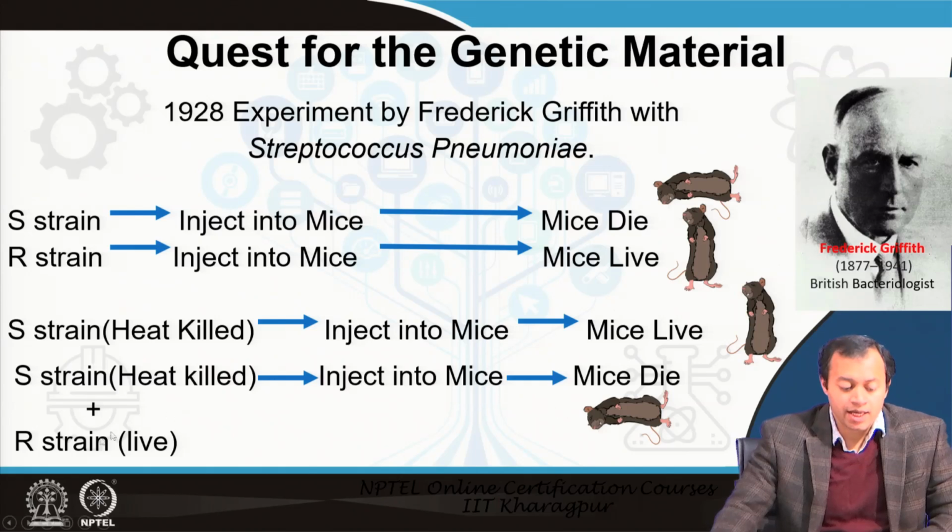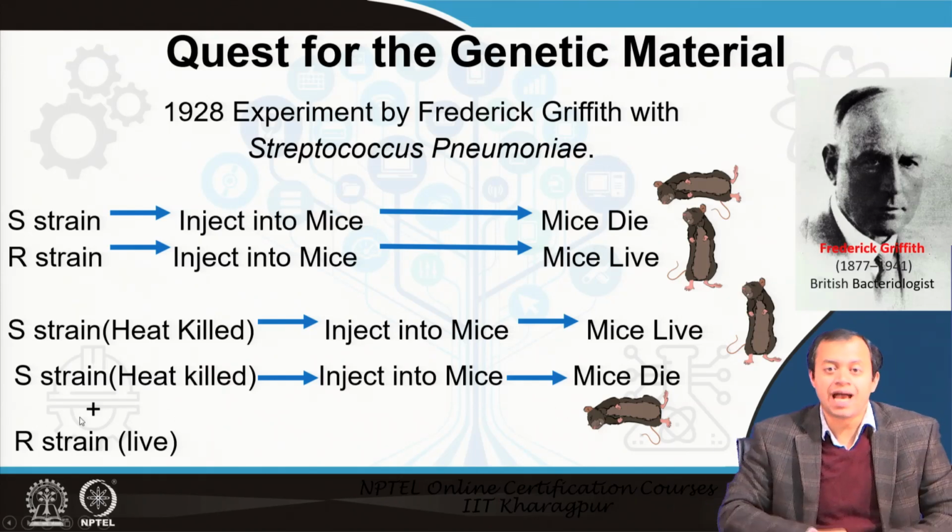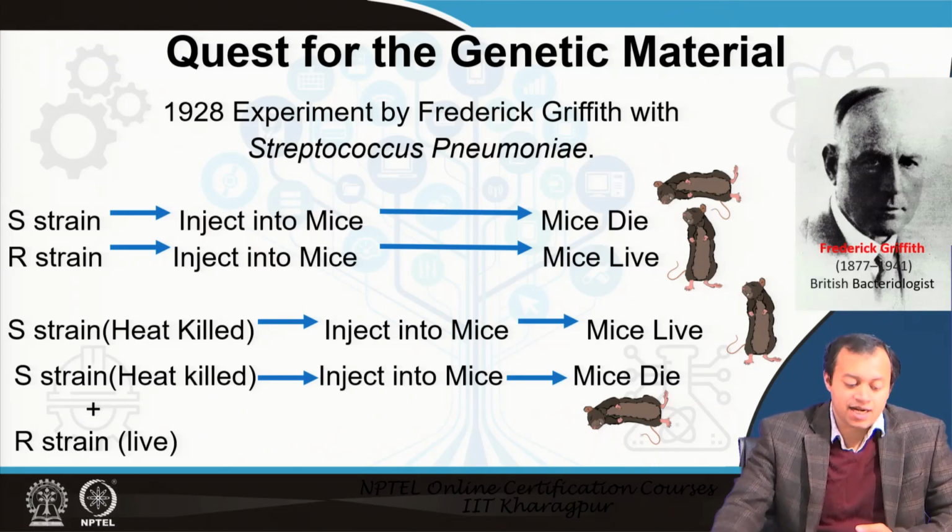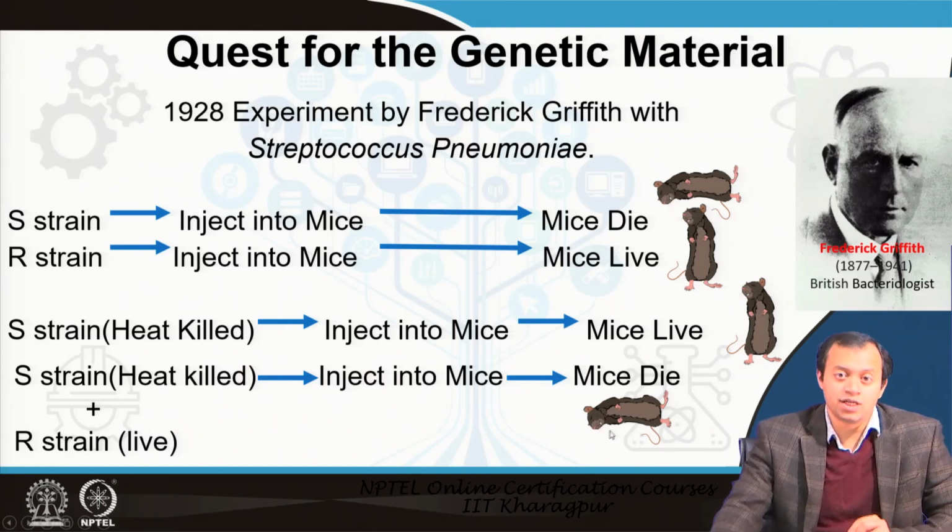He concluded that the R strain bacteria has been transformed, has changed. The R strain bacteria has changed now, and this is killing the mice. Moreover, when he dissected the mice, he found out that he is getting live S strain bacteria from the mice.